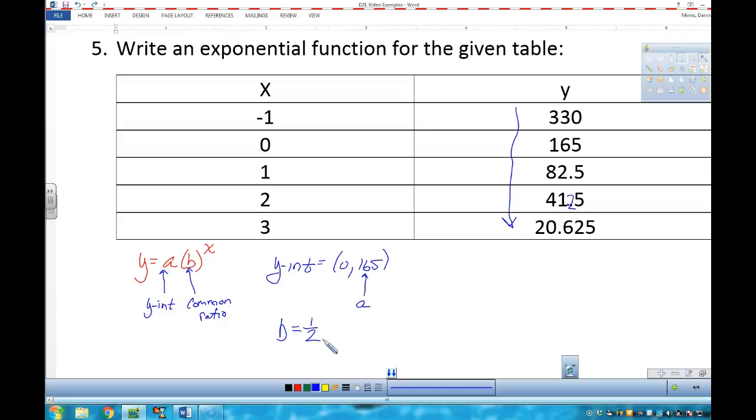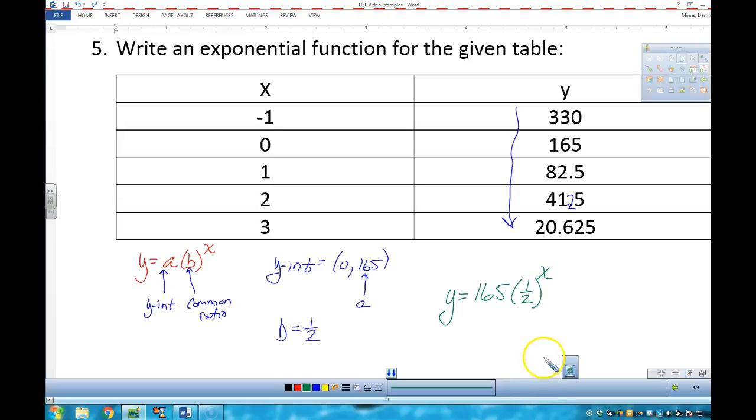So it's really easy now to write the exponential equation. The exponential equation is y equals 165, that's our y-intercept, times 1/2 to the x power.